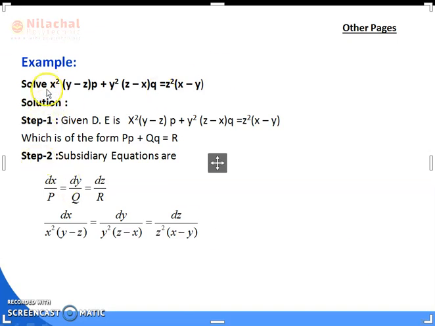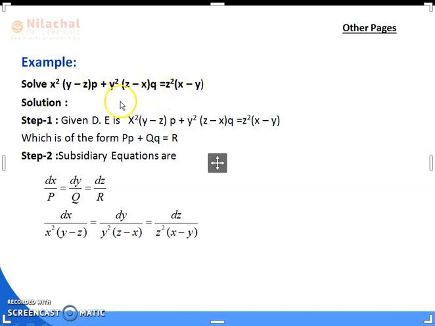Example: solve x square into y minus z into p plus y square into z minus x into q equal to z square into x minus y. Already I have told you that in your equation small p and small q will be present. So that is your PDE question, partial differential equation question, because small p is del z by del x, small q is del z by del y.